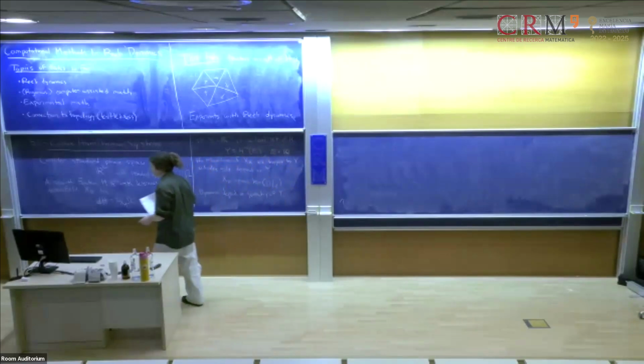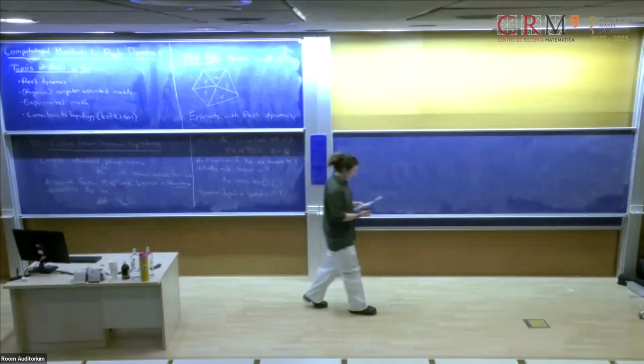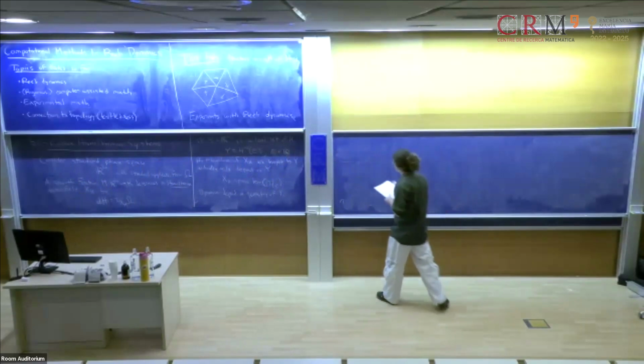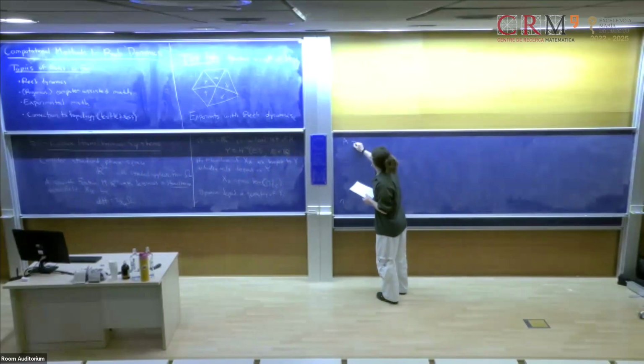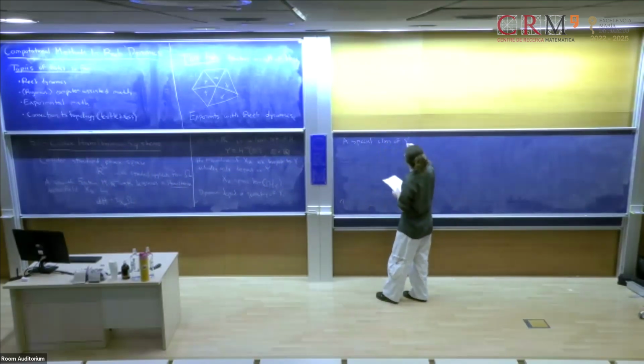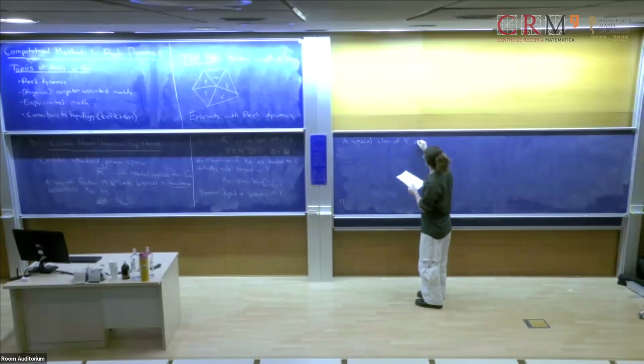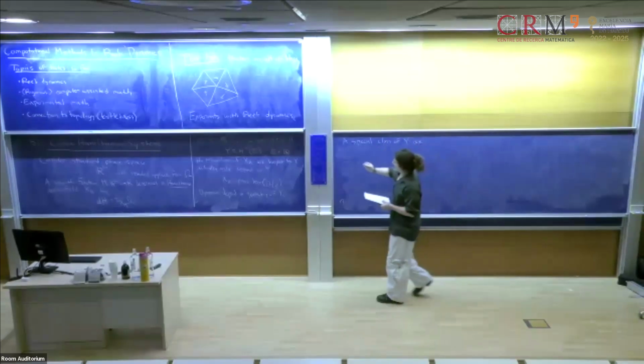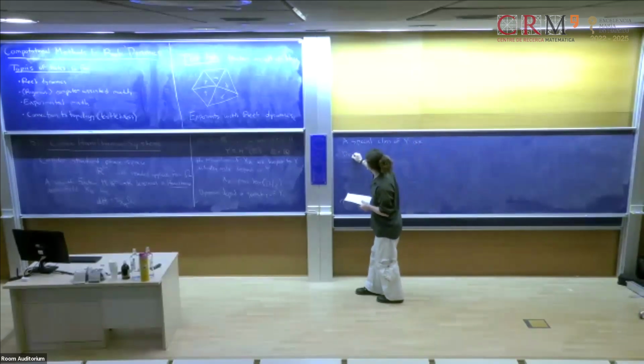Okay, so now there's two classes of Hamiltonians that I want to focus on today. The first is a special class of hypersurface called star-shaped. I'll tell you what that means.